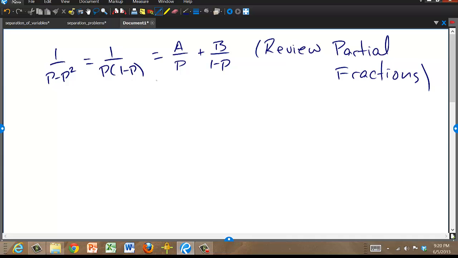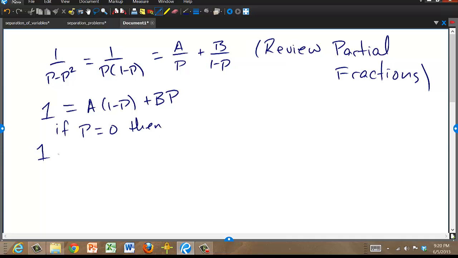So let's see. You have this guy. You want to find your a and your b so that 1 over p minus p squared is equal to a over p plus b over 1 minus p. And the way you do that, you should just go ahead and multiply everything across. So what you want is 1 equal to a times 1 minus p plus b times p. And now you say, well, look, if p, that's your variable, equals 0, then 1 is equal to a times 1 plus b times 0.